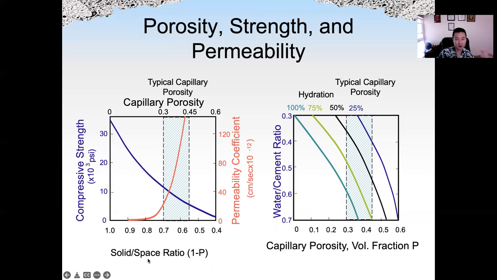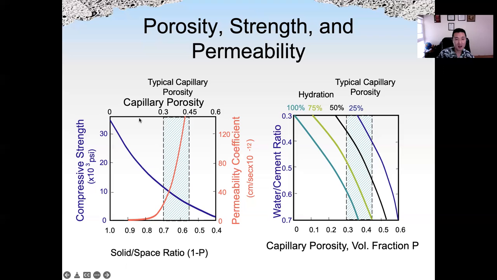The solid to space ratio is 1 minus P, where P is porosity. Basically, porosity is defined as the void to total space ratio. So 1 minus P is the solid to space ratio. The red line is the permeability coefficient. The blue line is the strength.